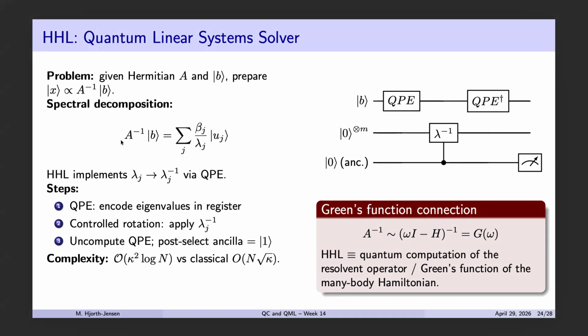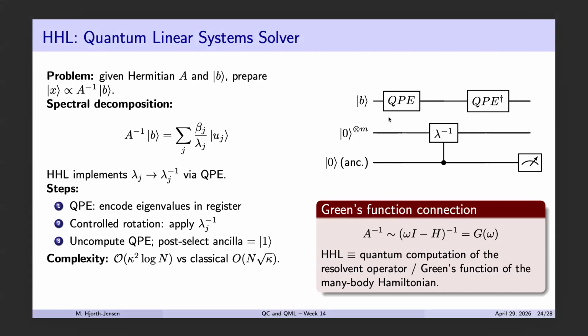And we have a spectral decomposition, which was given by this expression, which you see here. And the HHL implements the inverse eigenvalues via the quantum phase estimation. So you have the quantum phase, which encodes eigenvalues in a register. You have a controlled rotation, and then you uncompute the QPE and post-select the ancilla with the qubit 1.